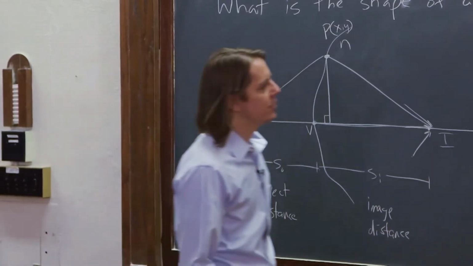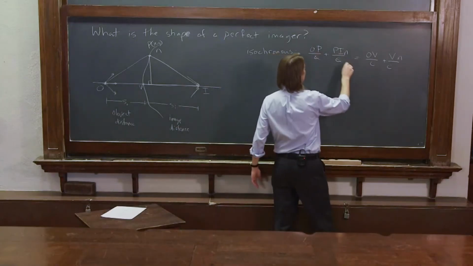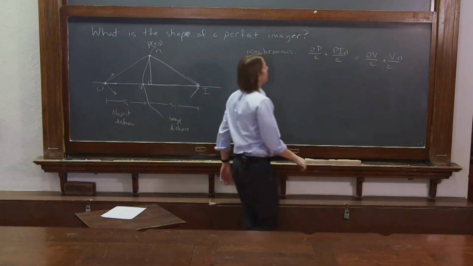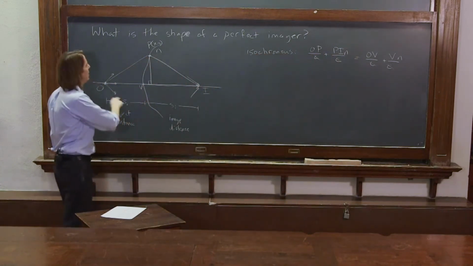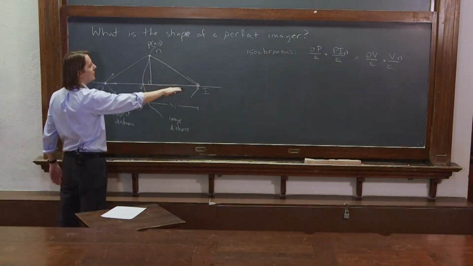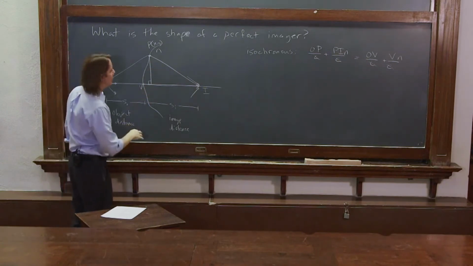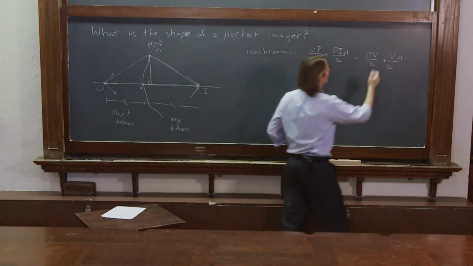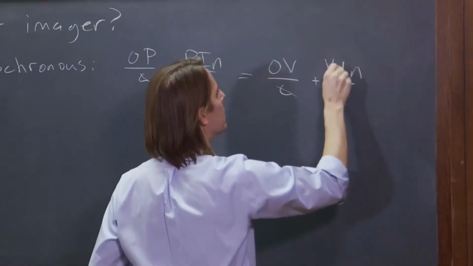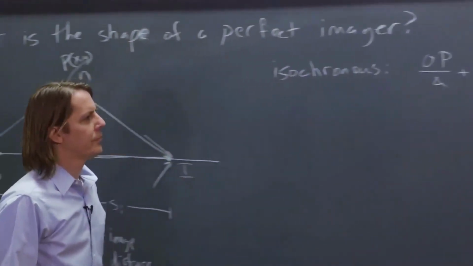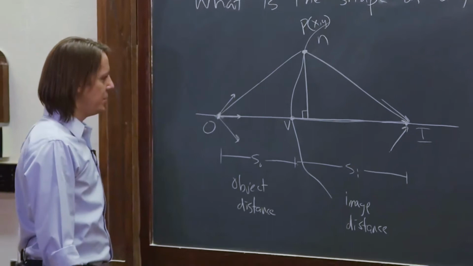The first thing we can do is cancel the c's, since they're all over the speed of light. So it's really just a matter of getting OP plus PI times the index equal to OV plus VI times the index. Now let's start putting in the geometry.